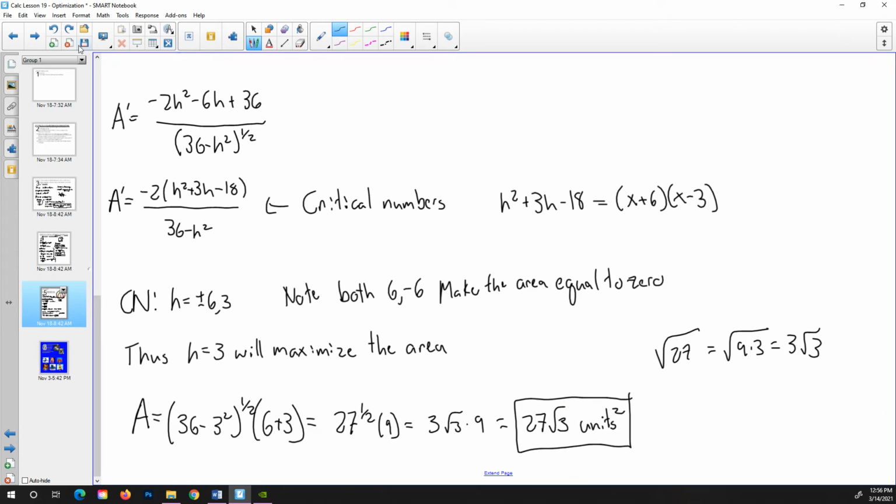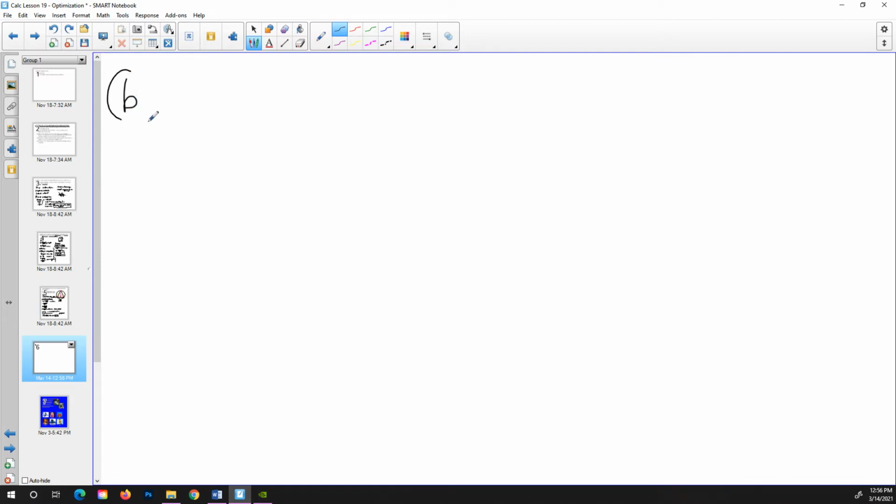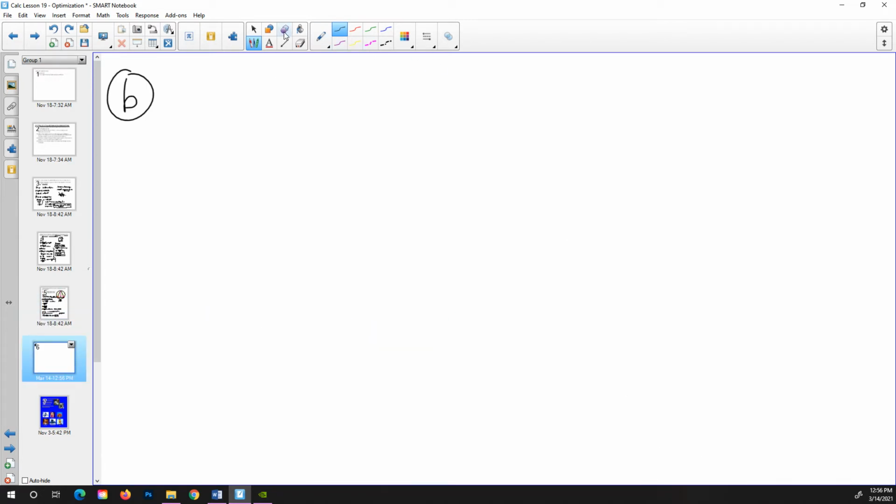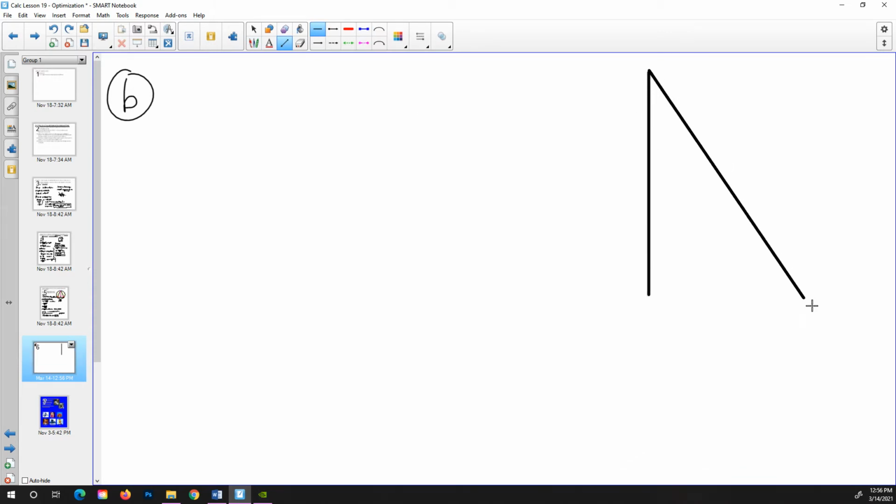All right, part B. In part B, we're asked to solve by writing the area as a function of alpha. All right, so let's copy back this. Let's redraw that triangle. And so we'll have here is my alpha.